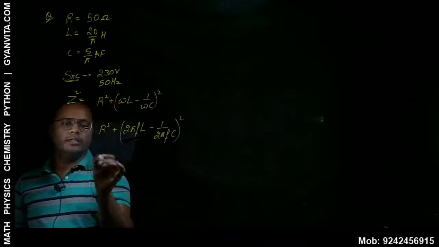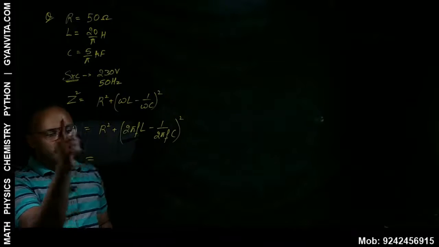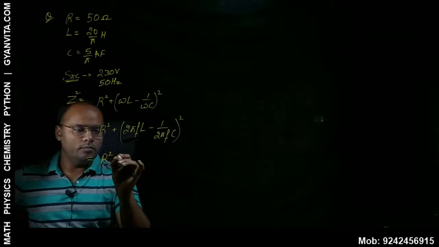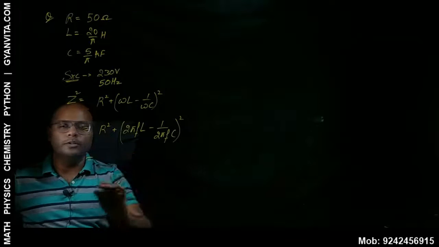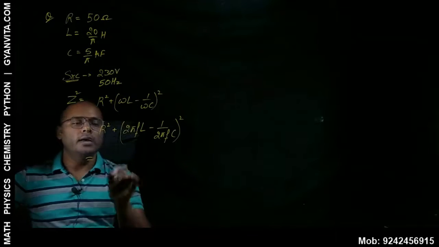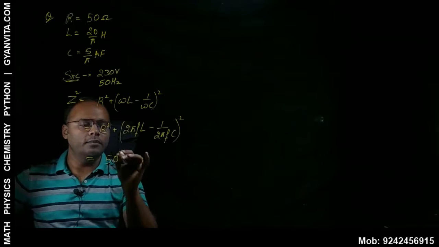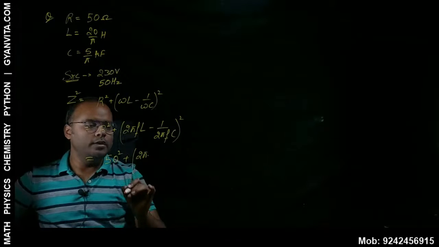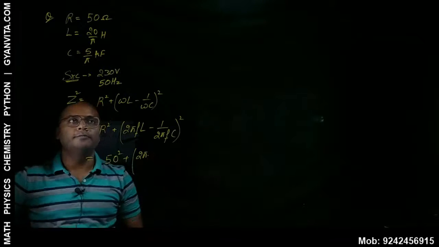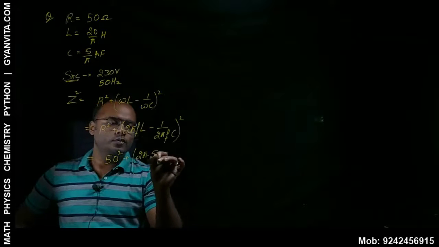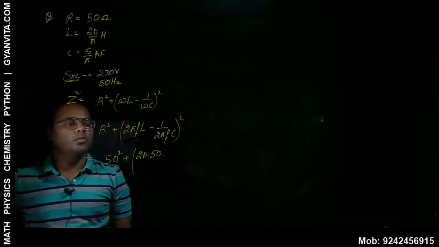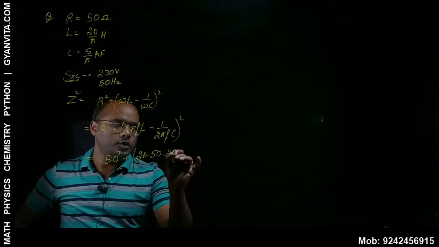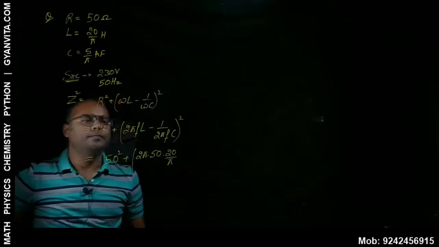Now substitute the values. R is 50 ohms, so 50 square plus 2 pi into F, which is 50 hertz, into L, which is 20 by pi.